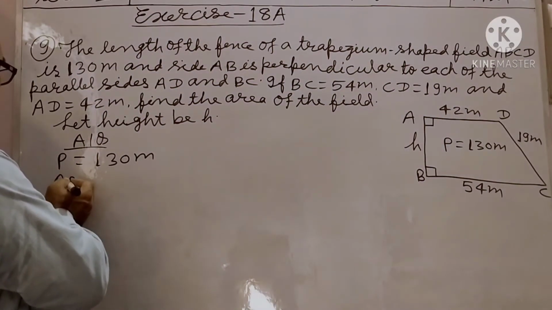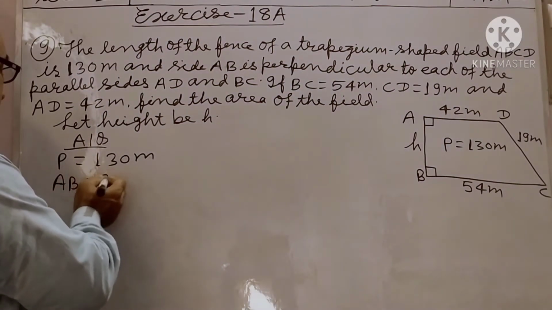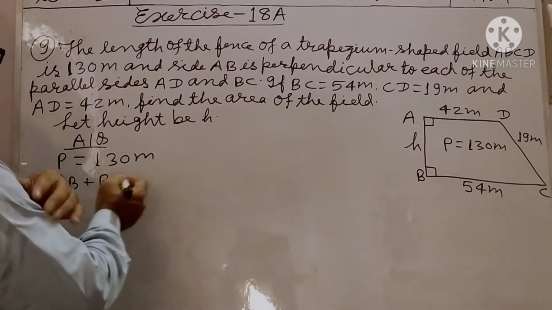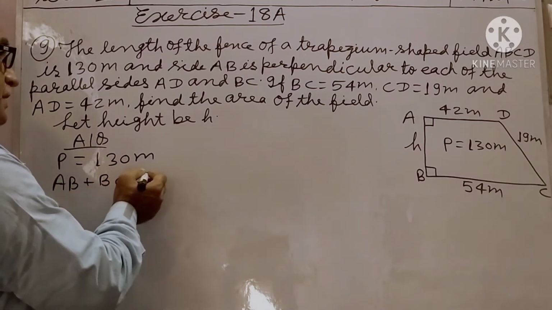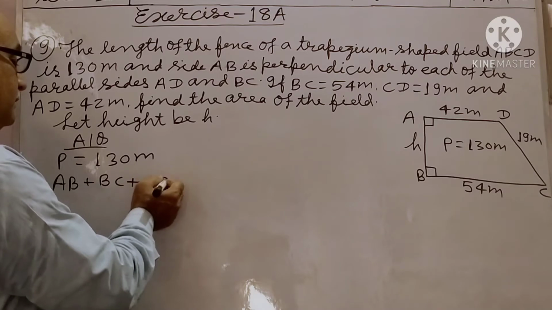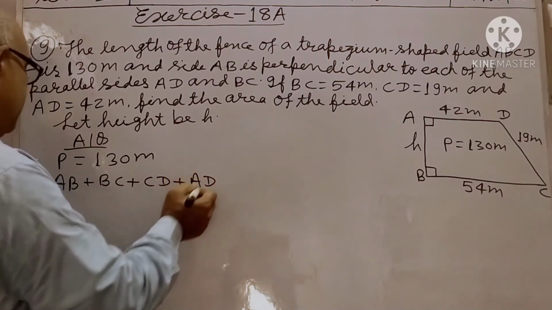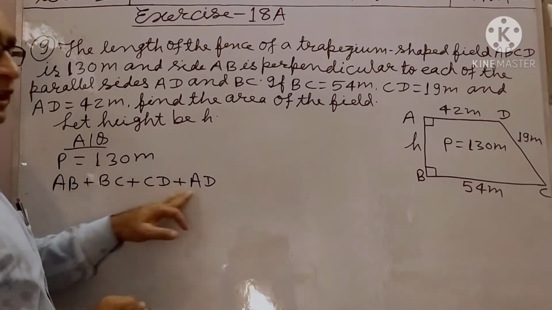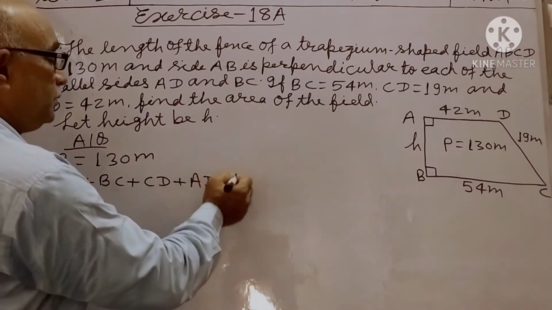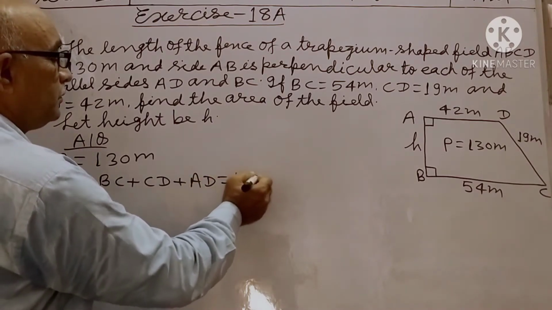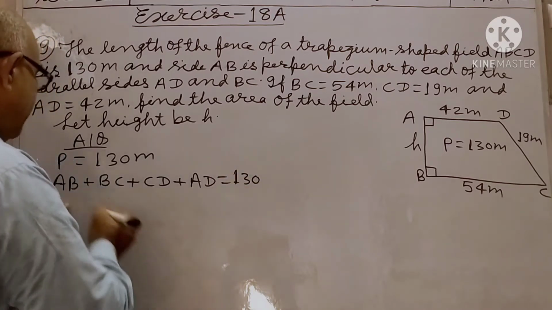So AB plus BC plus CD plus AD equal to 130.